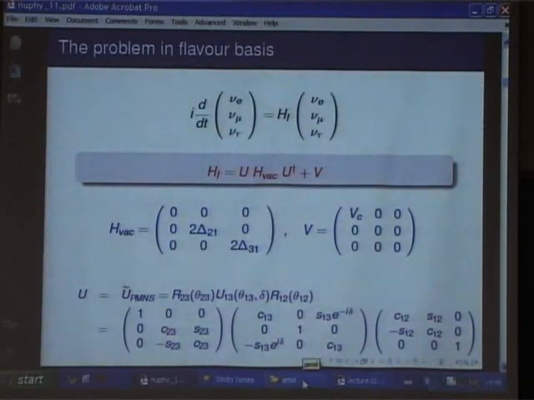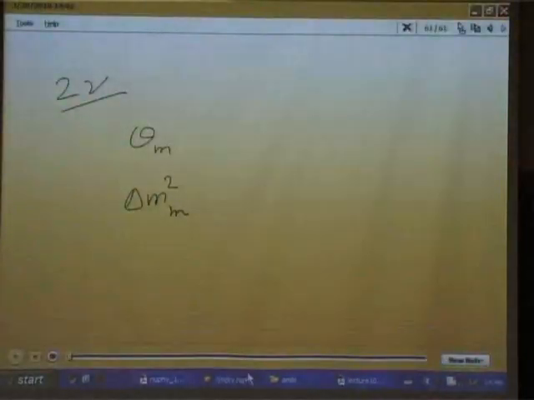See, it's easier to write the Hamiltonian in the mass basis. So let's first go to the vacuum mass basis. Okay, write down the Hamiltonian.